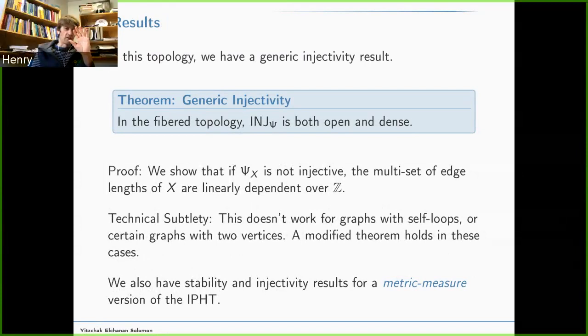And then on the graph side, you have this metric measure version of the fiber topology, and then on the IPHT side, I guess there you're using the Hausdorff distance. Are you using sort of this Wasserstein distance?